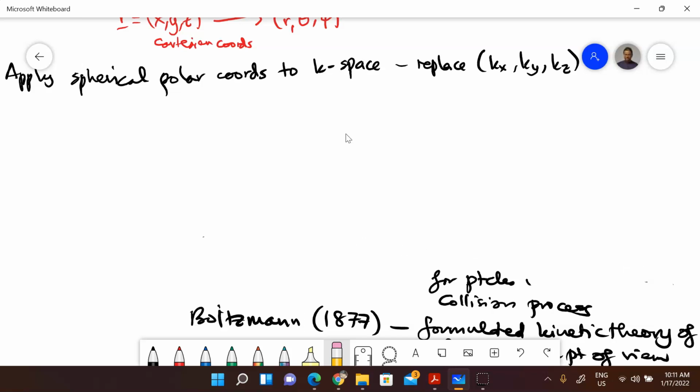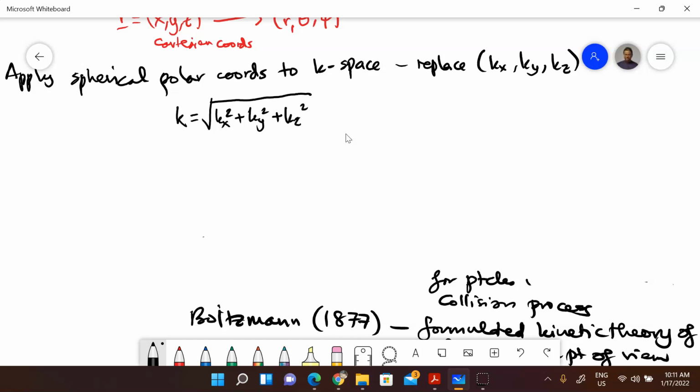Right, I think that will be enough at the moment. So what we're going to do is write down the analog of your spherical polar. Your radius is now given by the magnitude of k, which is the square root of kx squared plus ky squared plus kz squared.